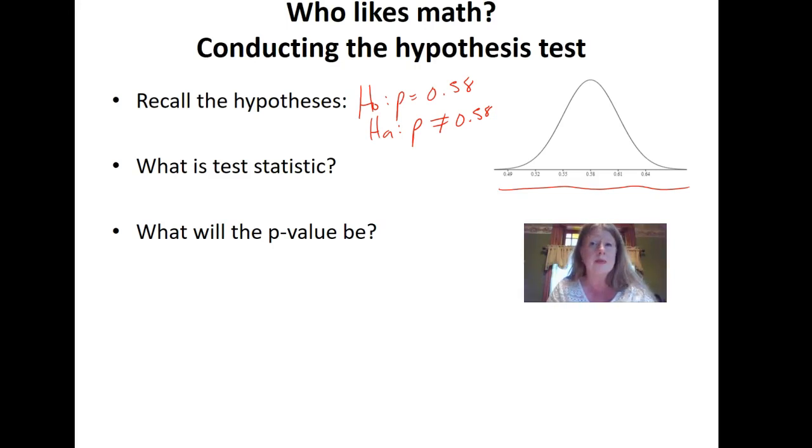Remember, our p hat was 0.56, and I can see that's over here somewhere. So it's not really terribly far away from 0.58. Already I might be thinking, maybe I don't have enough evidence to actually reject the null. But it can help you gauge whether you have a p-value that's within the range of what it should be.